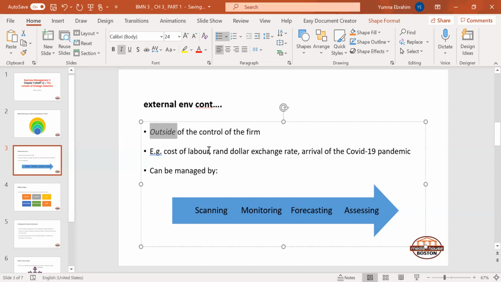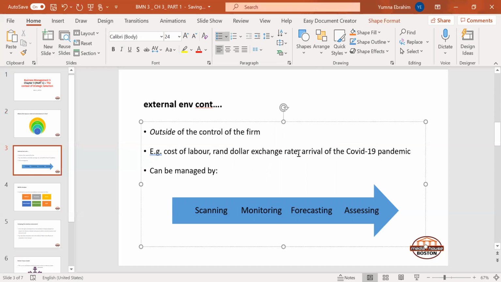For example, it's things like the cost of labor. As you know, we have a legislated minimum wage for many sectors in South Africa. If you happen to be in one of those sectors like retail or farming, you are mandated to follow the government gazetted cost of labor. So that's outside your control.